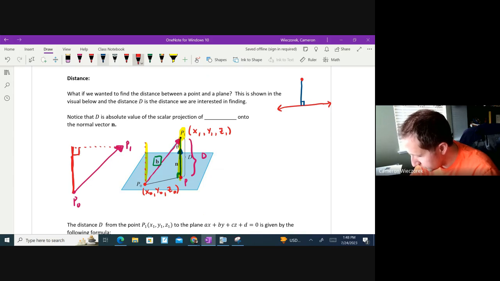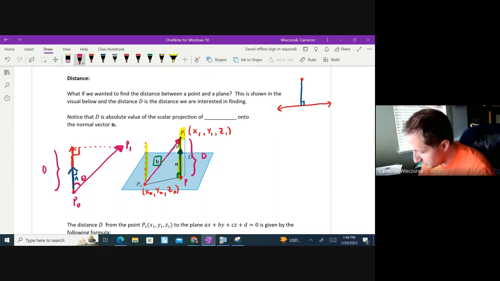So here's my normal vector here in blue. That was n, right? And this is the distance we're trying to measure here, which is d. And I'm just going to throw in the angle between the two vectors here. So here's our angle theta. Okay.